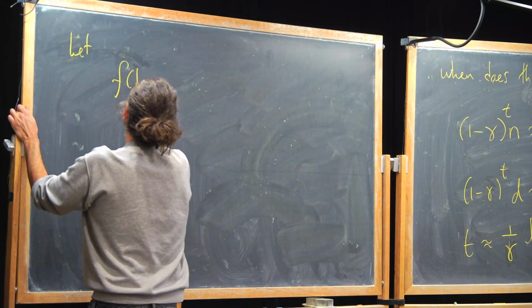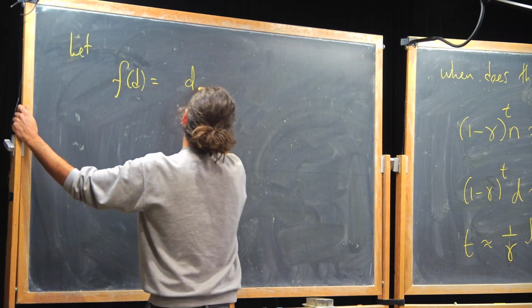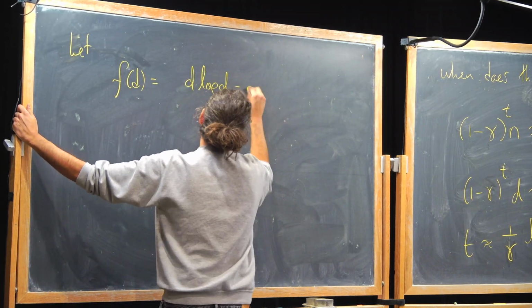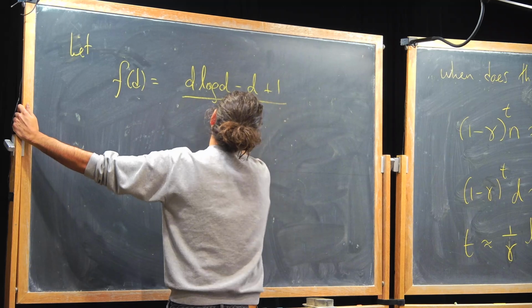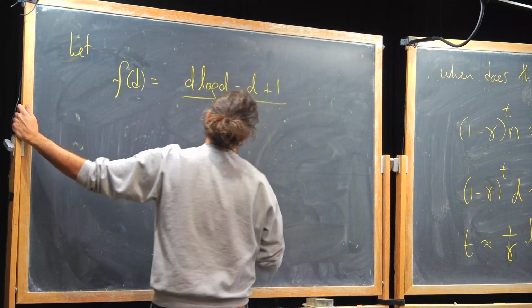Let f of d equal d times log d minus d plus 1, divided by d minus 1 squared.